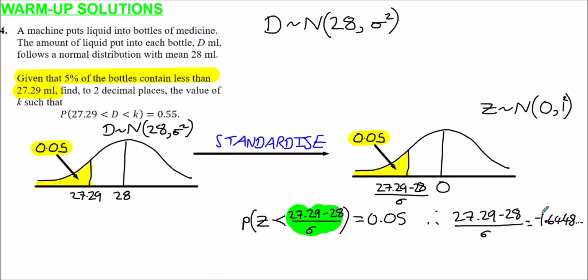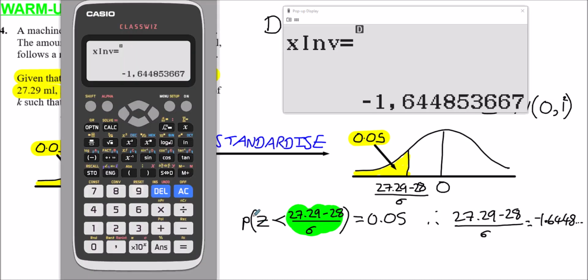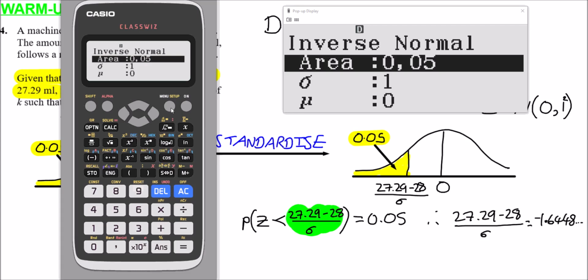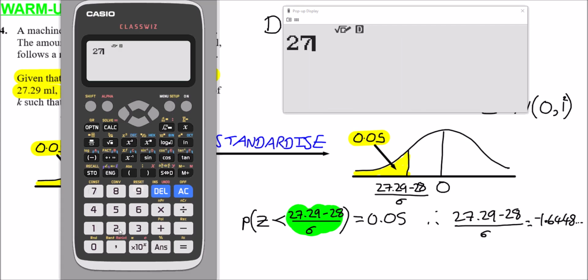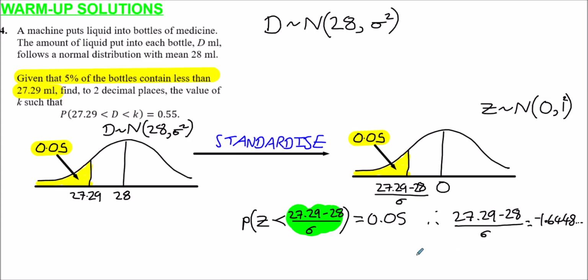Although what I can do here is rearrange. If I multiply both sides by sigma, I can work out what 27.29 minus 28 is as well. 27.29 subtract 28 gives minus 0.71. So minus 0.71 equals minus 1.64485-ish sigma.